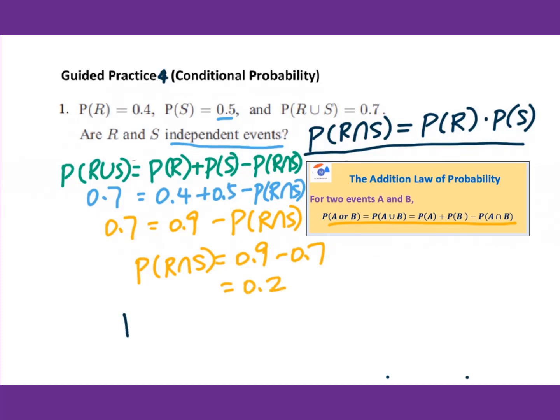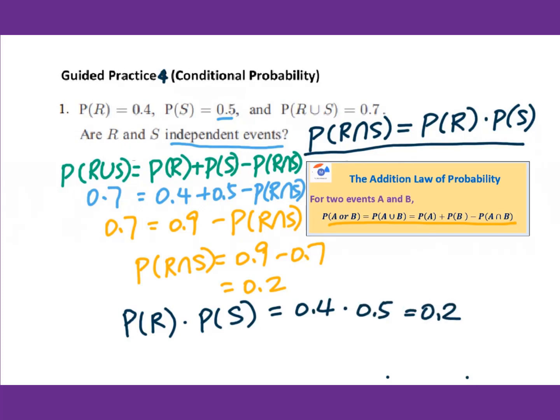Then we work on the probability of R times the probability of S. You will get 0.4 times 0.5 equals 0.2.